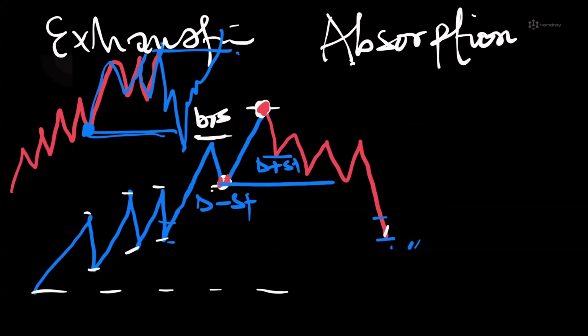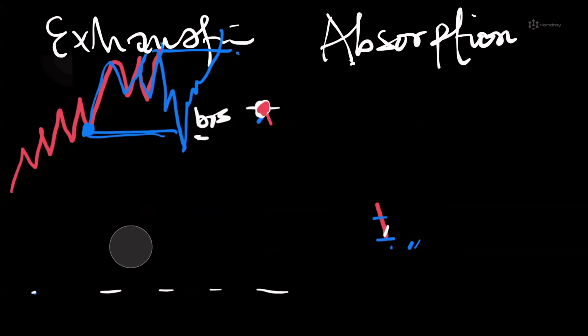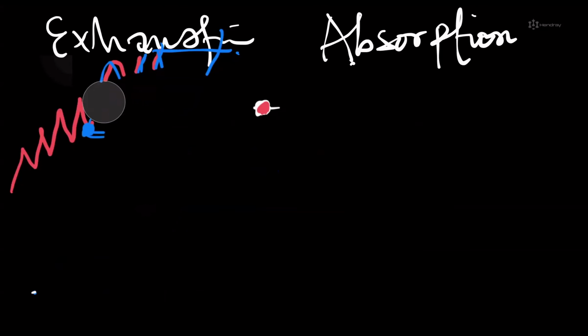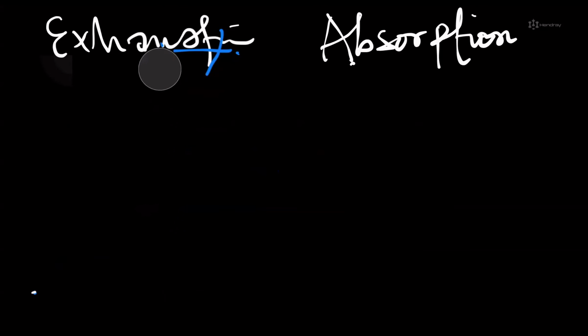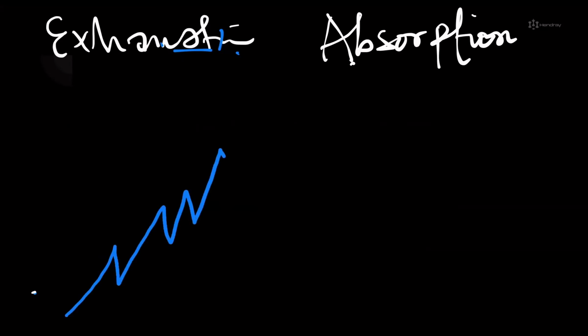Okay. I think I will need to redraw this so that we can have a bigger picture. So this is it. So we have here, and we now have the aggressors.